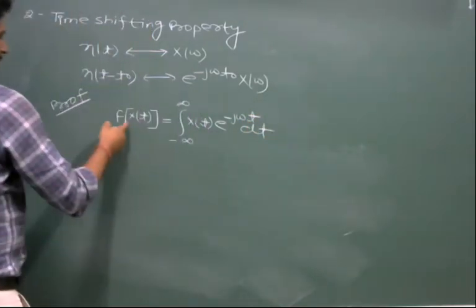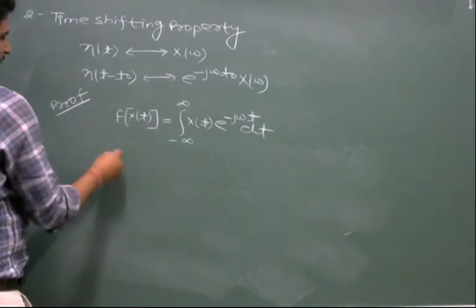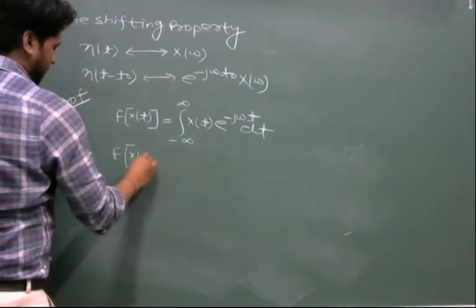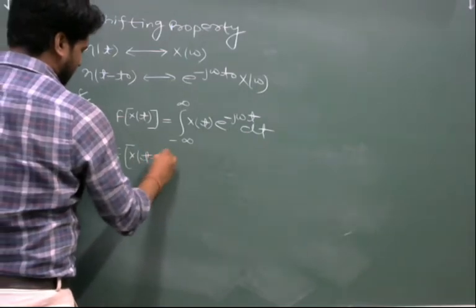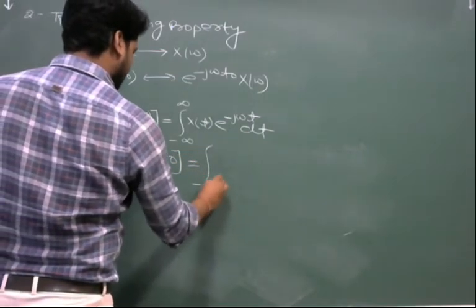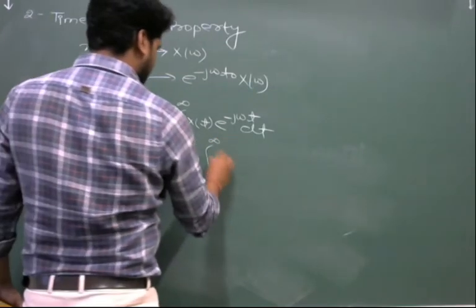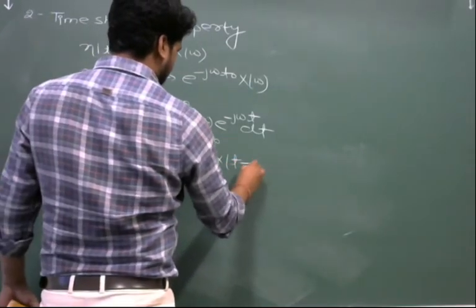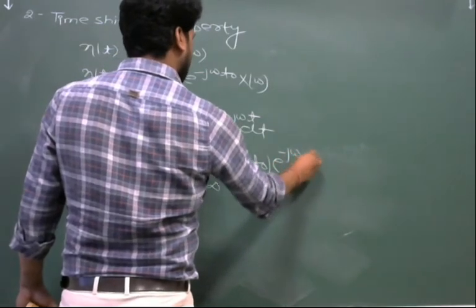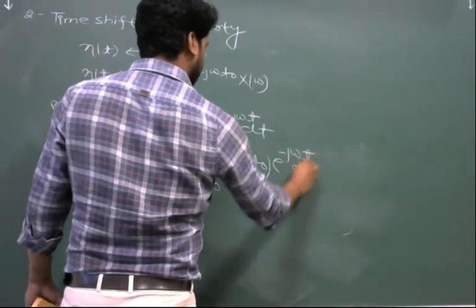Now if I shift this signal by t naught, then the Fourier transform of x(t minus t naught) will be equal to the integration of x(t minus t naught) into e power minus j omega t dt.